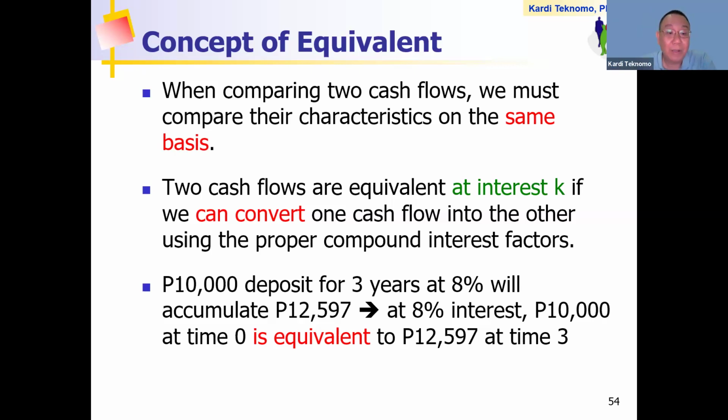For example, if you have 10,000 deposited for 3 years at 8% interest, that will accumulate to 12,597, isn't it? That means at 8% interest, and this is the most important part, that 10,000 that you deposit at time zero is equivalent to the 12,597 at time 3.